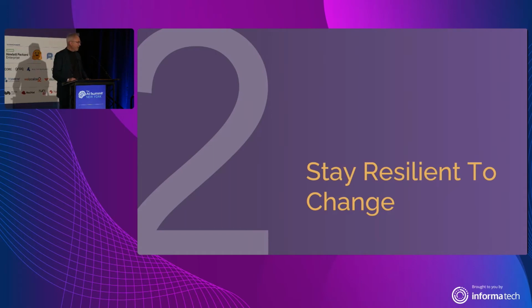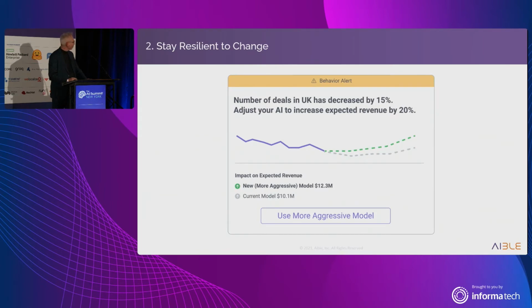Being resilient to change also comes up when we think about how we would leverage a portfolio of AIs. One of the things that might happen is, hey, we're getting close to the end of the quarter. Guess what? We're not seeing the sales revenue that we needed. We need to move to a more aggressive model, something that's generating more leads, more opportunities, and driving the sales organization in a different way. Maybe driving them off of maximizing profit and more about just generating overall top line.